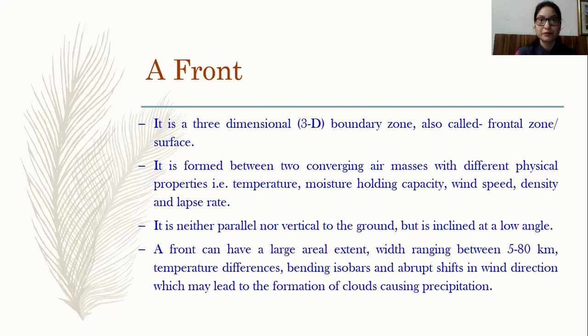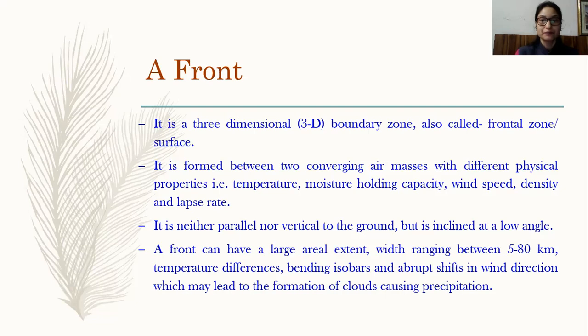They have different moisture absorbing capacities and they have different moisture content as well. So these are the different things that both the air masses need to have in order to create a front. Two same air masses cannot create a front. They have to be different in characteristics. They have to be contrasting in nature.